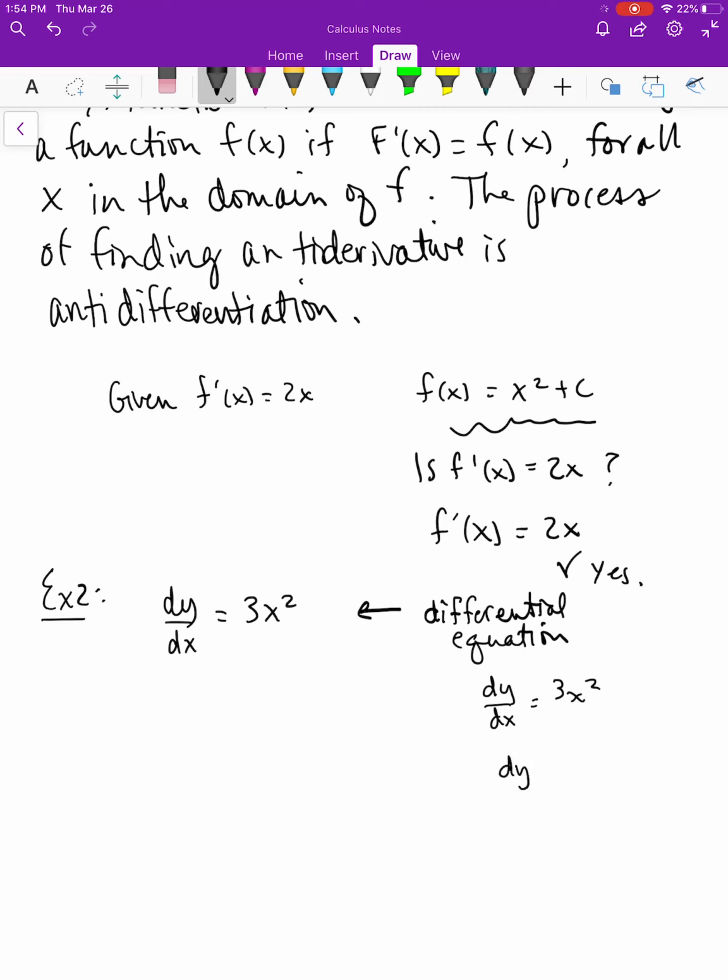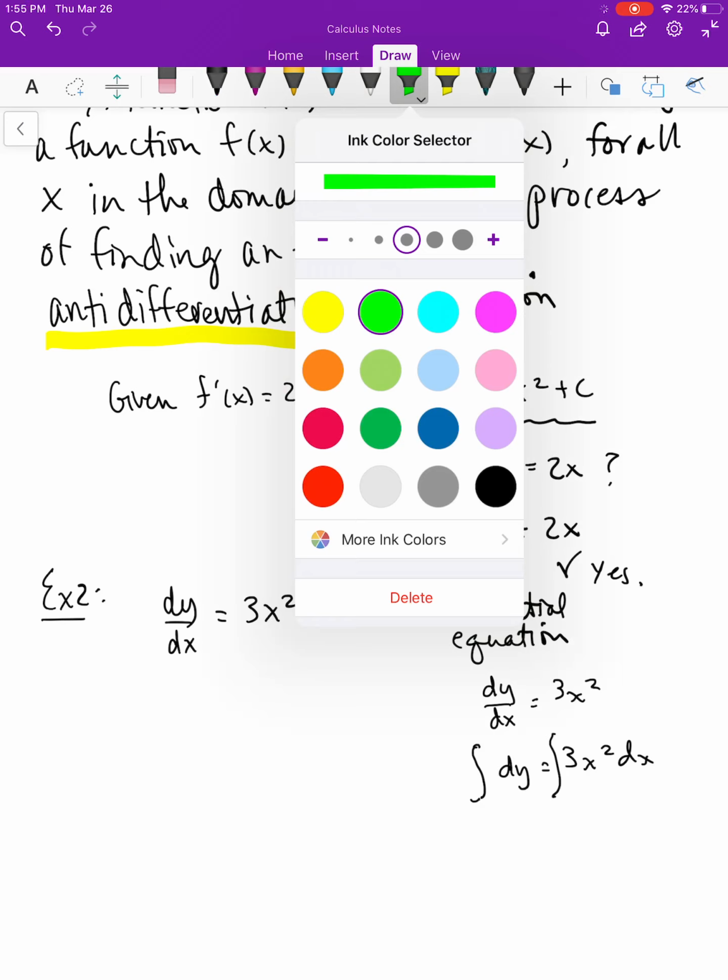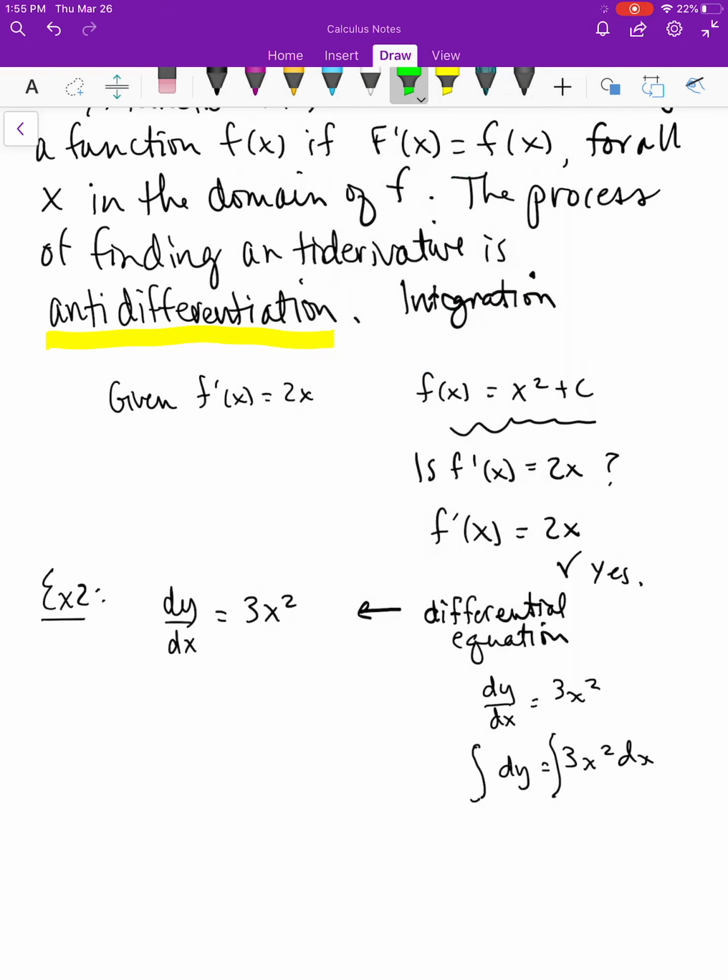So if we started out with dy dx equals 3x squared, we know that that is my derivative. I can multiply by dx on both sides and then use my little integration symbol, because antidifferentiation is integration.